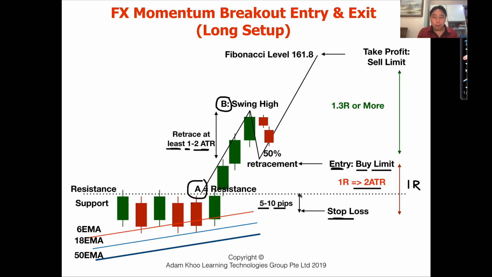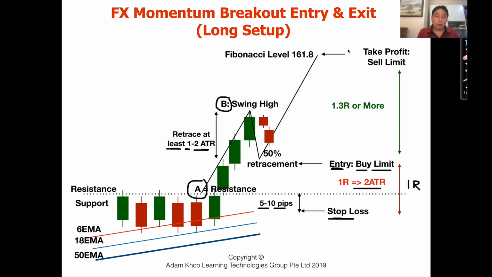So if you place the stop loss 5 pips below the resistance level and you can get a 2 ATR stop loss distance, that's good enough. Then just leave it as that. But if you can't even get a 2 ATR stop loss distance, then move your stop loss even lower to about 10 pips until you can get at least a 2 ATR distance on your 1R distance over here.